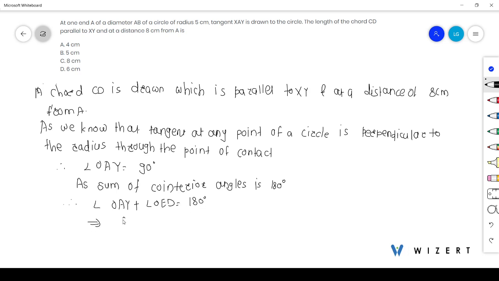As angle OAY is 90 degrees, angle OED will be 180 degrees minus 90 degrees, which means 90 degrees.